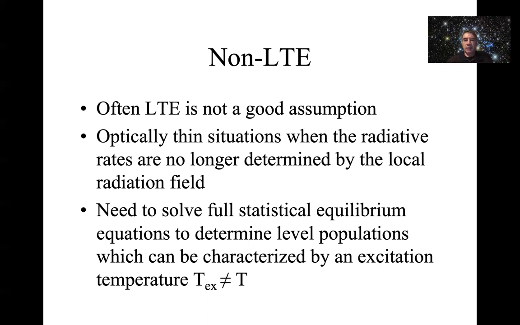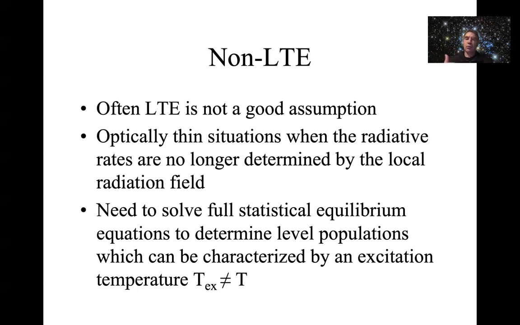So that's when things become harder, and you basically have to solve what's called the full statistical equilibrium equations. So you remember that diagram at the beginning where I showed all those different processes, the radiative processes, the collisional processes. You'd need to solve those equations to work out your level populations. They're not simply determined by the local temperature anymore. Instead, you can still characterize them by a temperature, which is referred to as the excitation temperature.